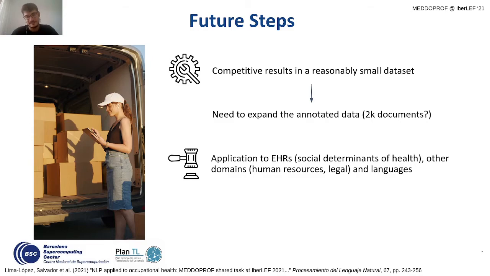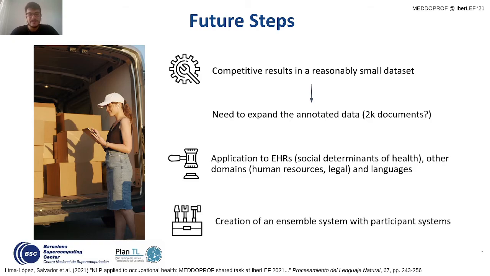Not really easy, but having multilingual terminologies will actually be helpful. And finally, we would also like to explore the creation of an ensemble system using the systems generated by the participants, to see if we can have one massive system that is the gold standard system, so to say.